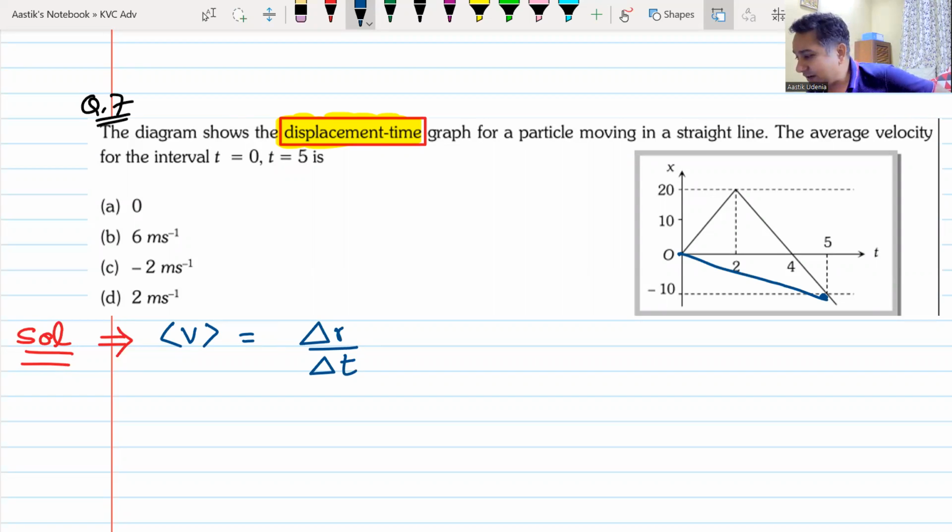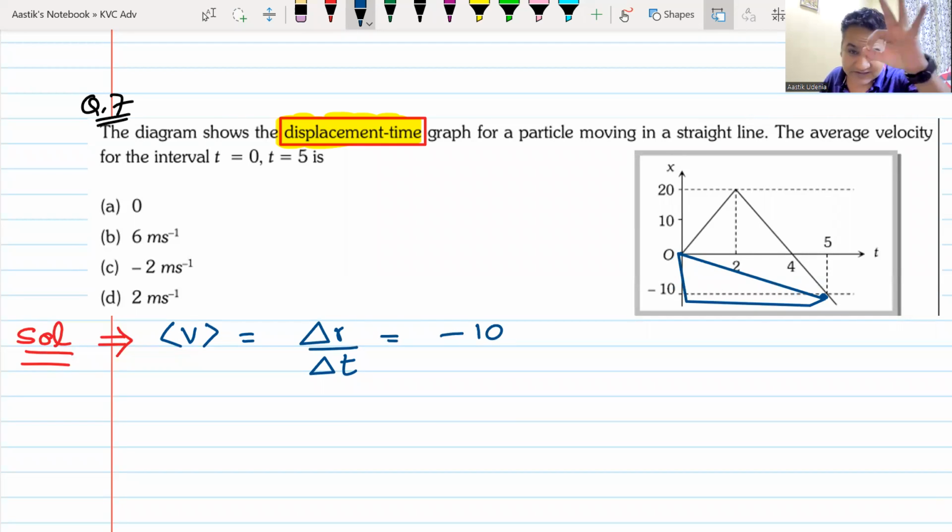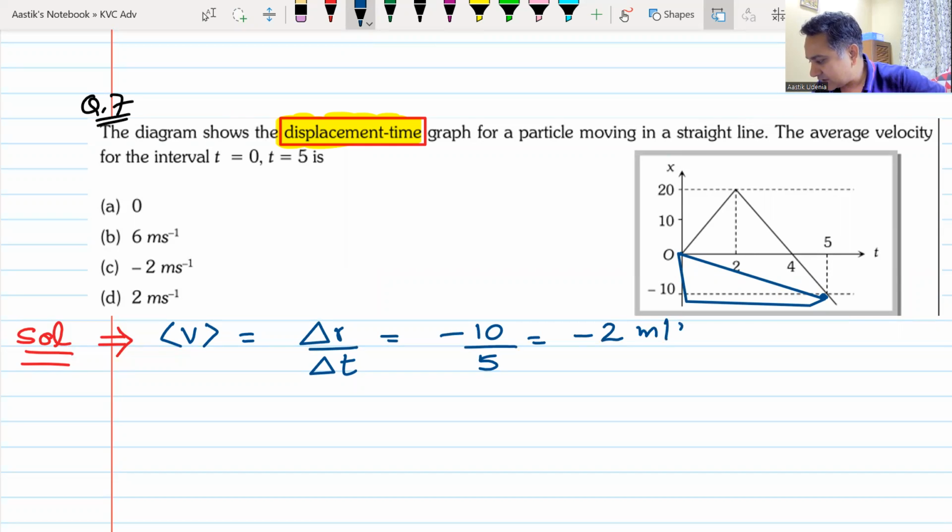The slope is going to be negative. The slope is this distance divided by this distance. That is total displacement, final position, which is -10, minus initial position, which is 0, so -10 divided by 5 is equal to -2 meter per second.